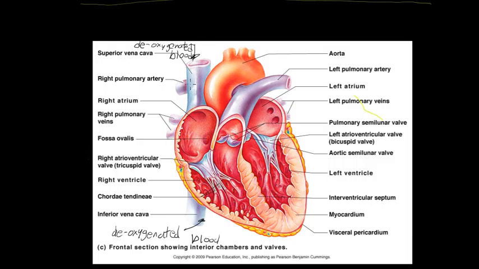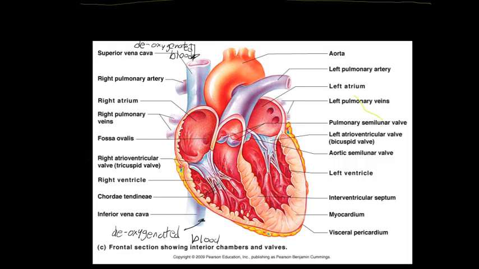But so this deoxygenated blood flows into the right atrium, and then through this atrioventricular valve. This is just the valve separating the right atrium from the right ventricle, and the one on the right is called a tricuspid valve. Okay, it has three cusps, or three sets of flaps here, so it's called a tricuspid valve.